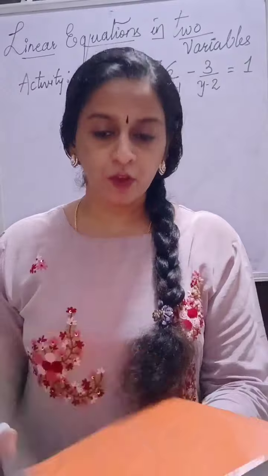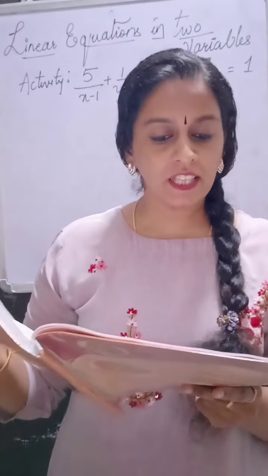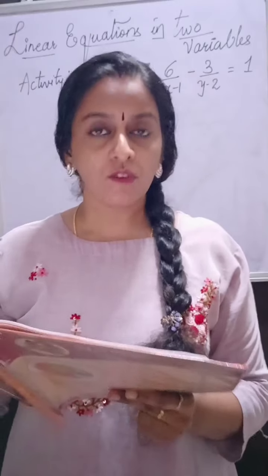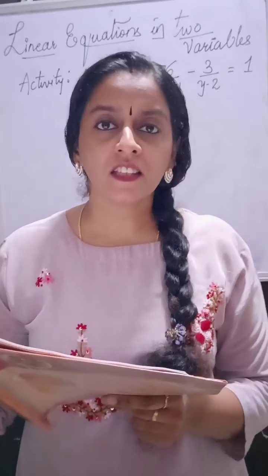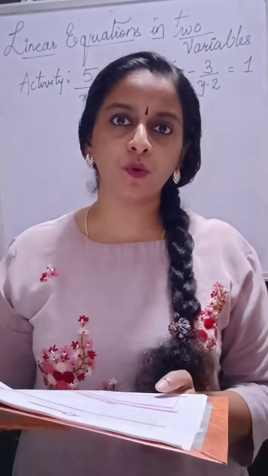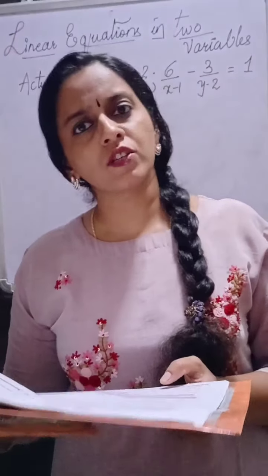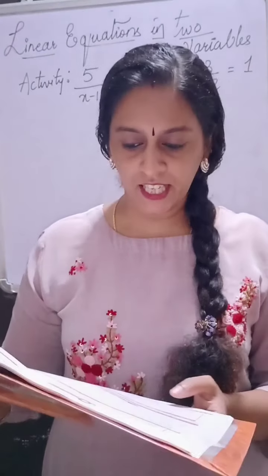Now if you see on page number 16, they have given 'complete the following table'. The first and second sums we discussed. In the third sum also, you can easily make out that 7 upon 2x plus 1 plus 13 upon y plus 2 is equal to 0 is also not a linear equation.